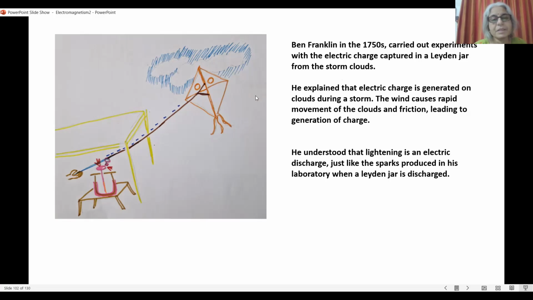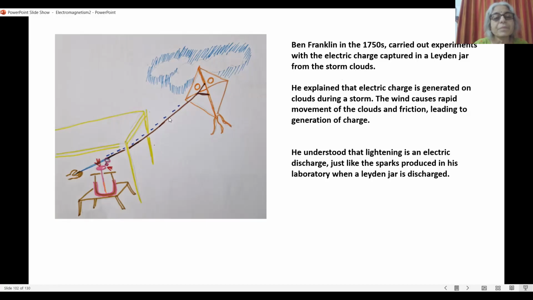So he wanted to test this idea. This is Franklin's experiment. He flew a kite just before a thunderstorm was about to happen. When there is a storm with a lot of high wind, the clouds form and electric charges form in the atmosphere. So the kite was at a place where the electric charge had formed.